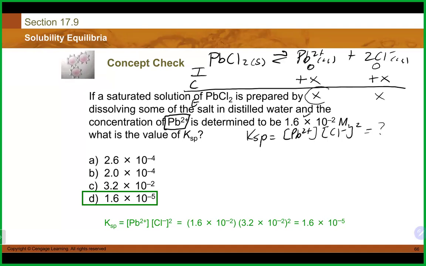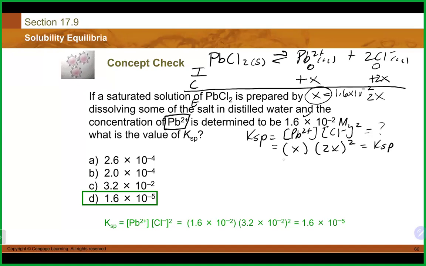Lead equals X. So we actually know what X is from what they gave us, 1.6 times 10 to the minus 2. By the way, this would be plus 2x on the bottom, which should be a better move there. And if we put this into our expression, this would be x, and 2 times x squared would equal our KSP.